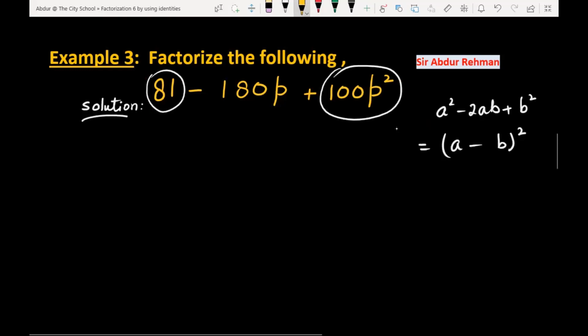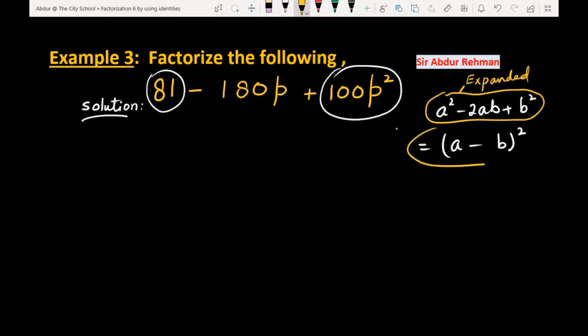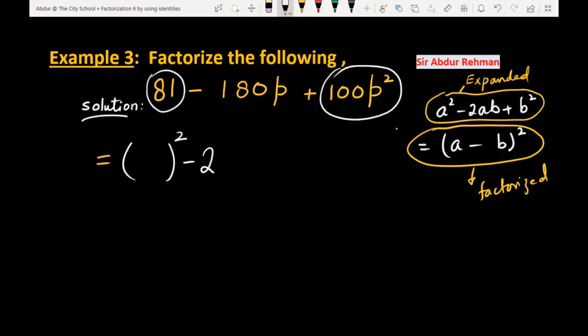In this identity, this part is the expanded form, and the second part is the factorized form. So the first step is to write empty brackets: a square minus 2ab plus b square.